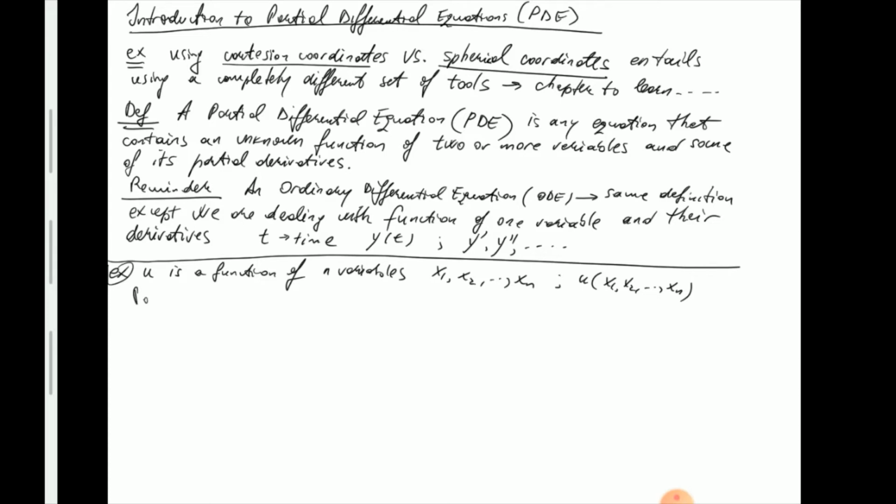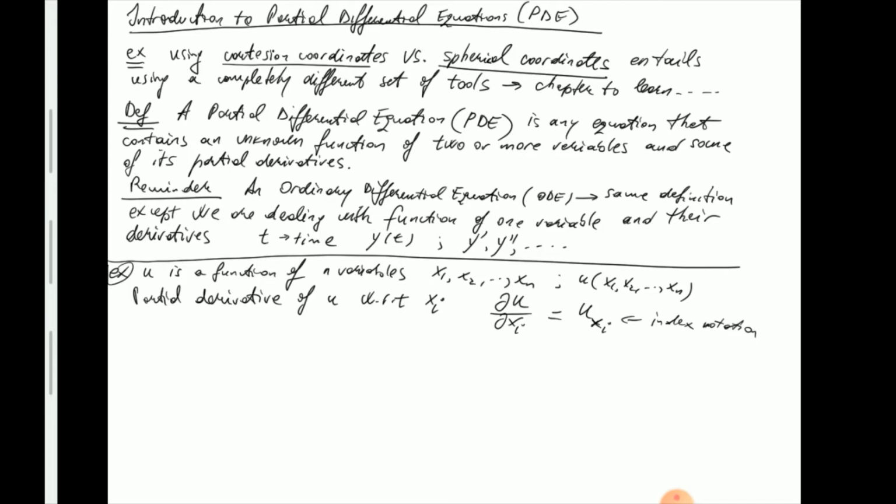The partial derivative of u with respect to xi, you can denote using the del operator, partial u, partial xi, or, as is often more convenient, u sub xi. I'm going to use the index notation more often because it's more convenient. The partial operator is usually used when you want to take a partial derivative without naming the function.